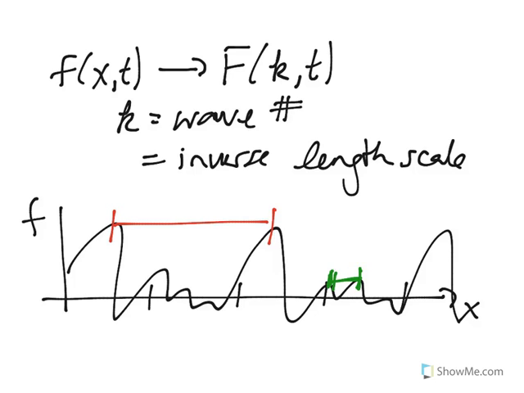So you can think of little f and big F as just two different ways of describing the same data. Little f measures the magnitude for a point in space, x, including contributions from every wavelength, every k. Big F, on the other hand, measures the magnitude for a certain wavelength, k, including contributions from every point x in space.